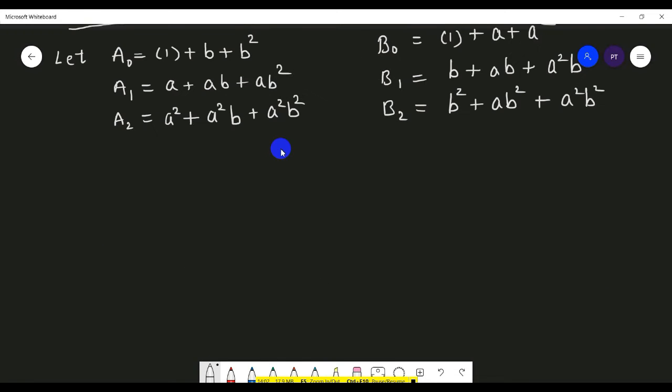Now we can compute two effects of factor A. Those two effects are A1 minus A0 and A2 minus A1.